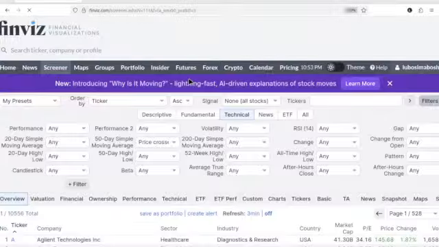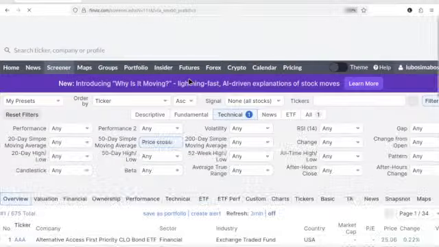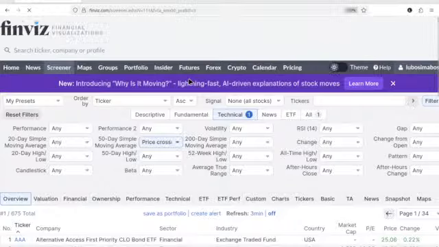Let's get into it. So it has changed there. It's saying price crossed 50 SMA above. Second thing we're going to do now is we're going to say 200 SMA below 50 SMA.